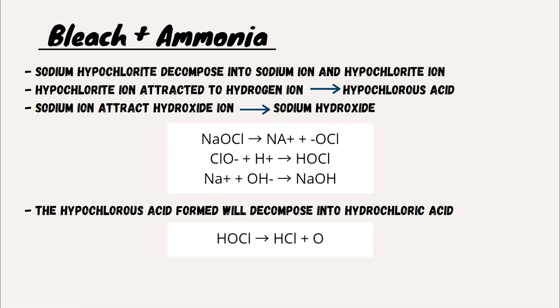And also the sodium ion will attract the hydroxide ion and will form sodium hydroxide. So after that, the hypochlorous acid formed will be decomposed again into hydrochloric acid with the reaction HOCl into HCl plus oxygen.